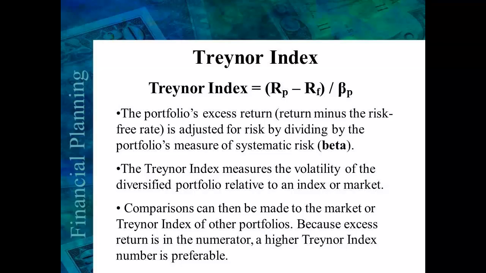This index measures the volatility of the diversified portfolio relative to an index or the market. Comparisons can then be made to the market or Treynor Index of other portfolios. Because excess return is in the numerator, a higher Treynor Index number is preferable.